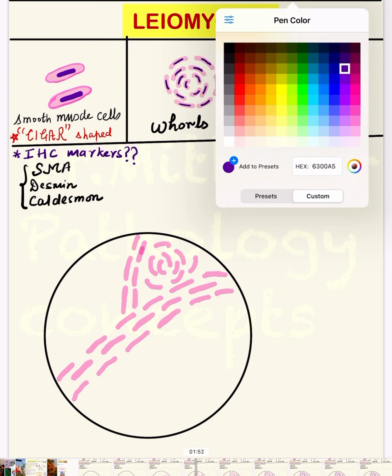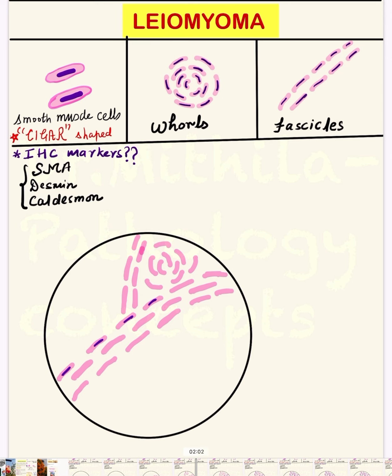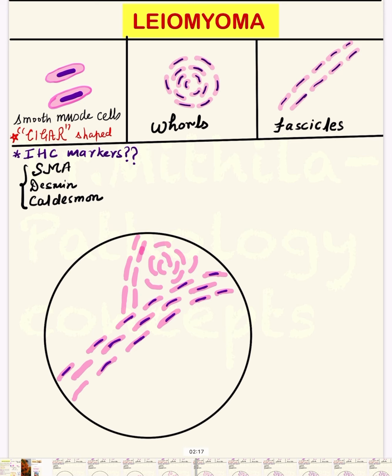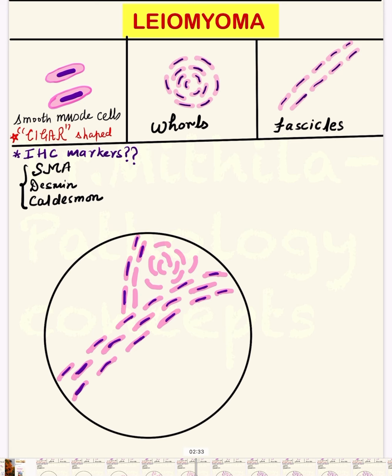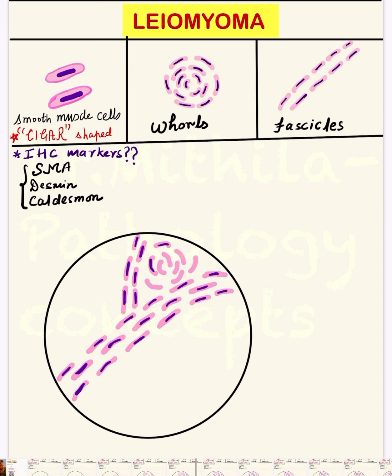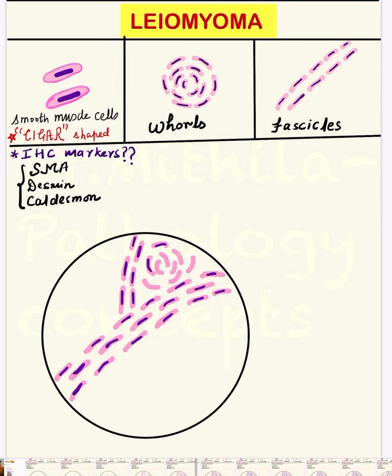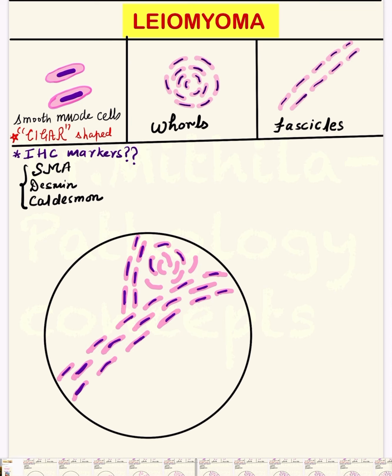Then in between we make the whorl pattern, and we make the cigar shaped nucleus in the cell, and this nucleus is bland in appearance. It is benign, and the cytoplasm is eosinophilic and moderate in amount.